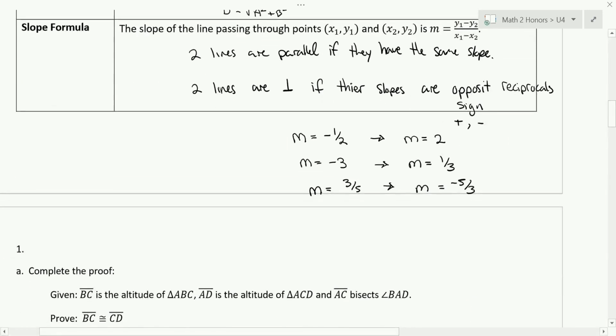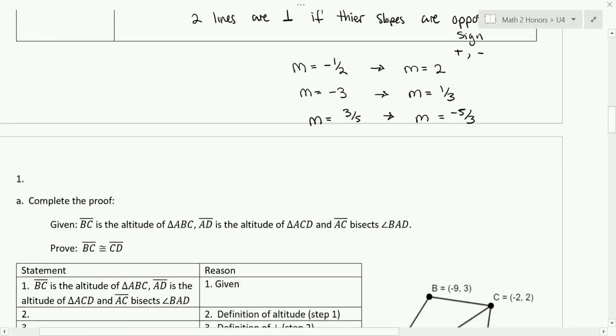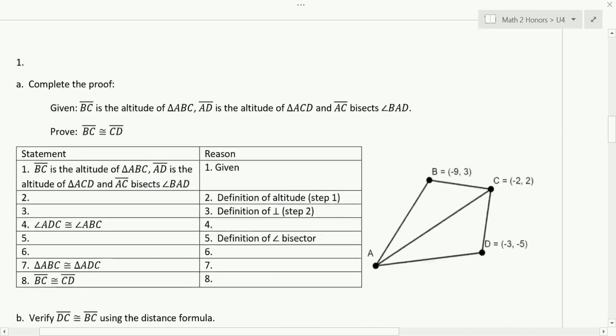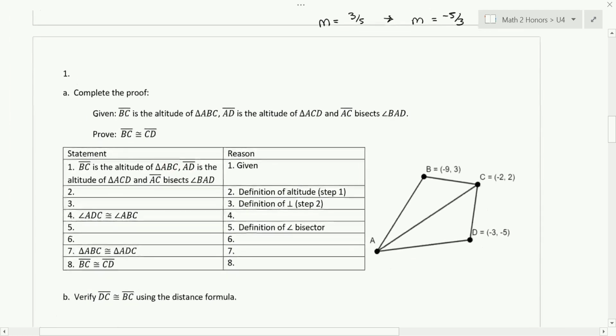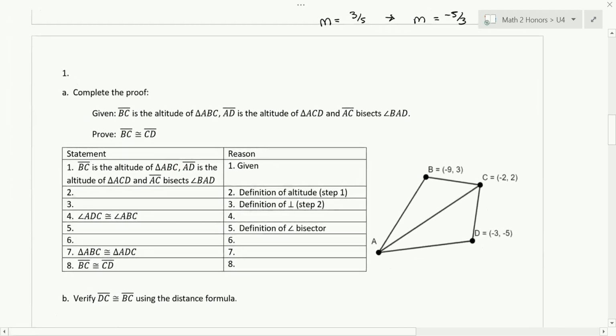So we got a few minutes. Let's start the homework together. Okay, get you a head start, and let's work with the proof real quick. So, number 1, part A, it tells us that BC is an altitude of ABC. Let's just work with that part.